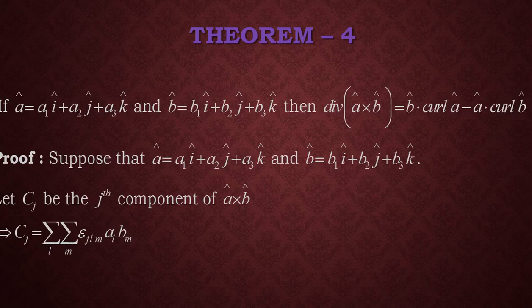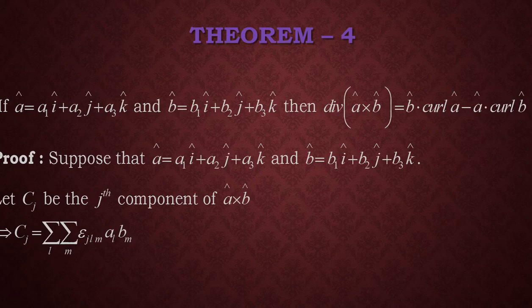Now we prove the vector identity divergence of A cap cross B cap equals B cap dot curl A cap minus A cap dot curl B cap.